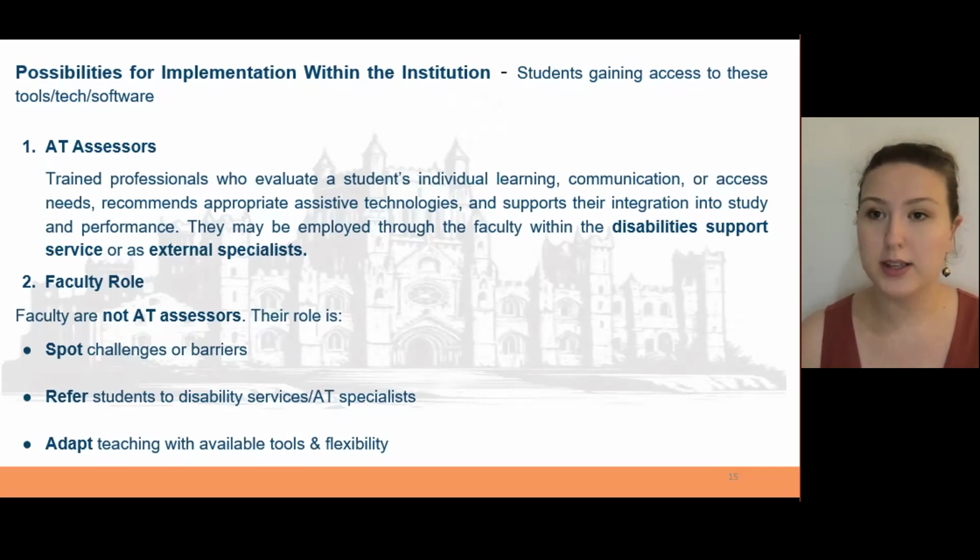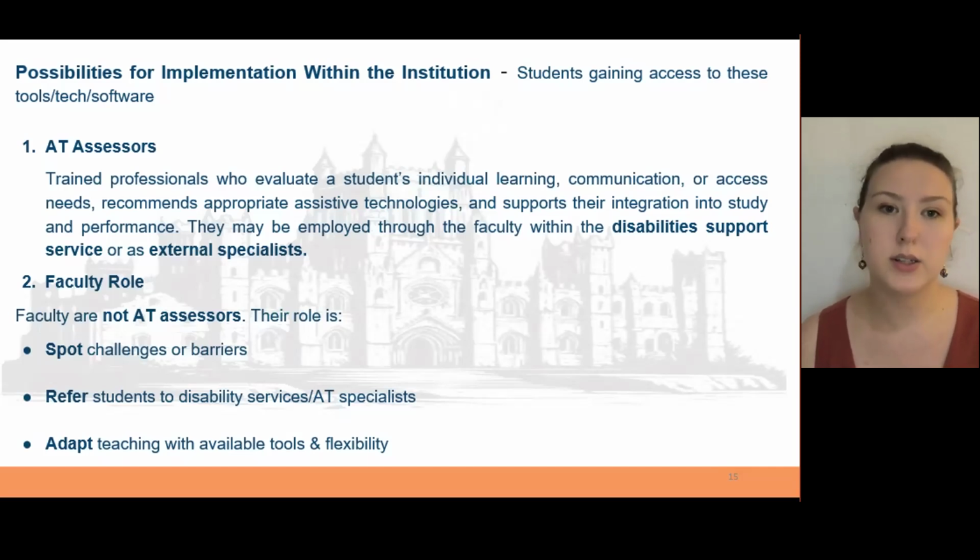The faculty role: outside of AT assessors and the disability support services, faculty are not AT assessors. They don't have the training for it. And so what can faculty do in the situation where they need to provide AT to their students, and there are not any AT assessors or departments? Shortly, if they spot challenges or barriers, they can refer the students to disability services or AT specialists.